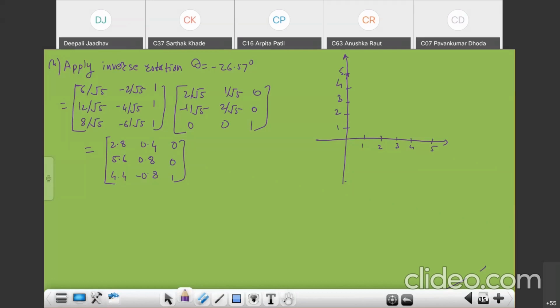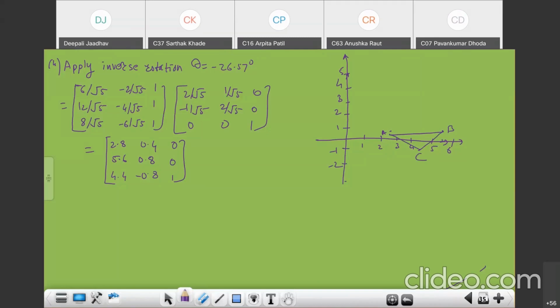So 2.8, 0.4, it is somewhere here. That is our new A. 5.6, 0.8, 5.6 and 0.8. 4 means it is here. B and 4.4 and minus 0.8. That is our new ABC.